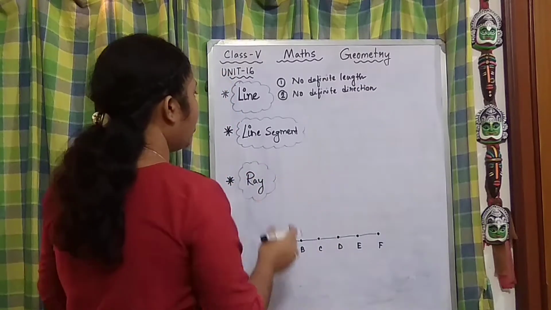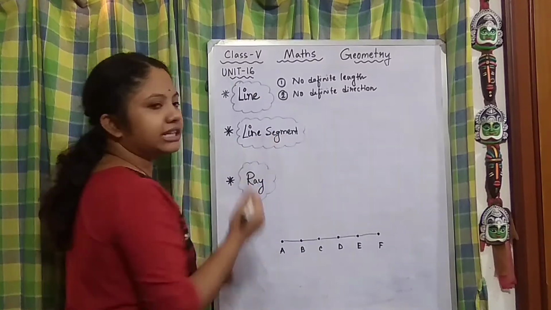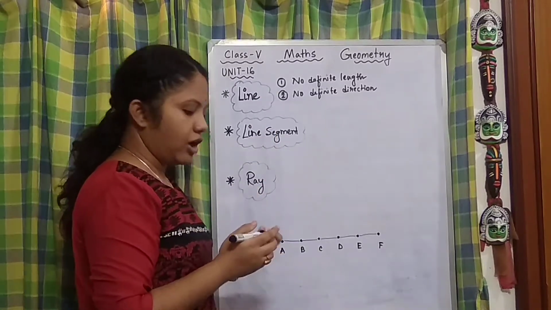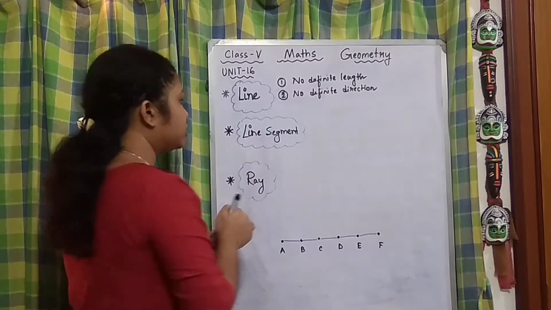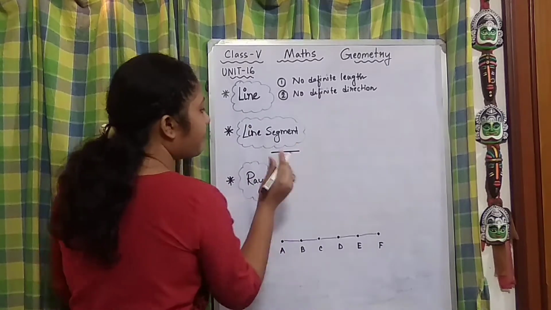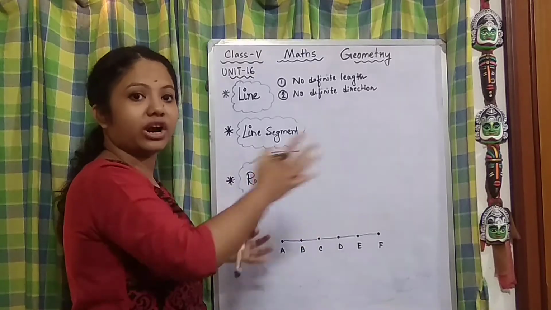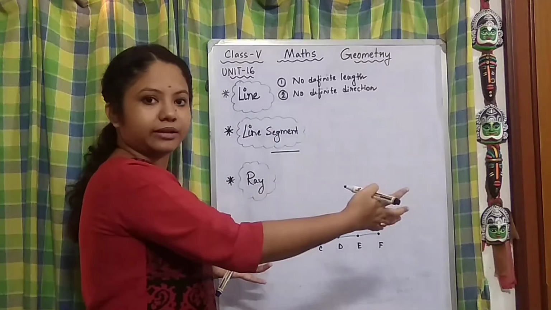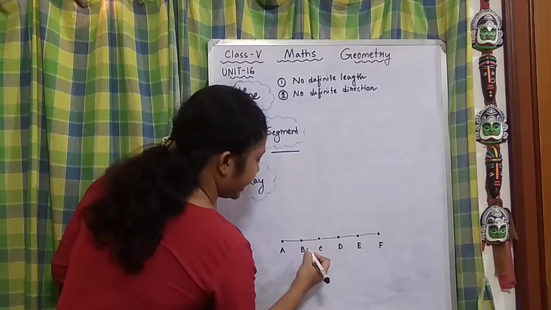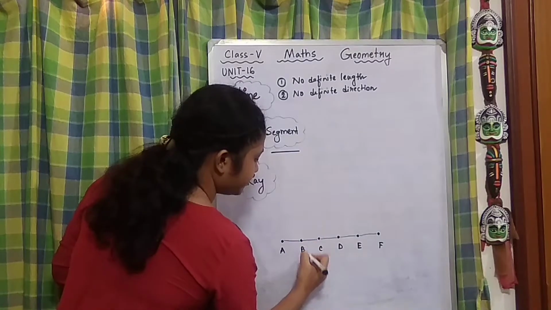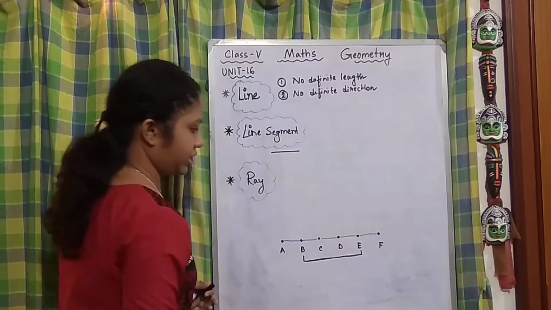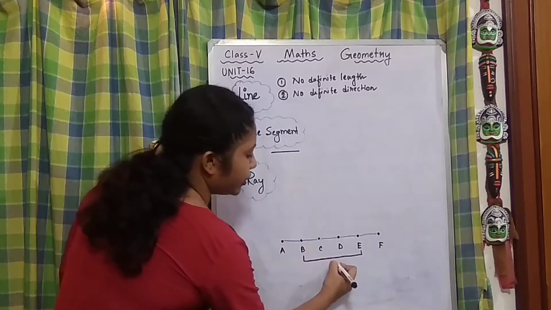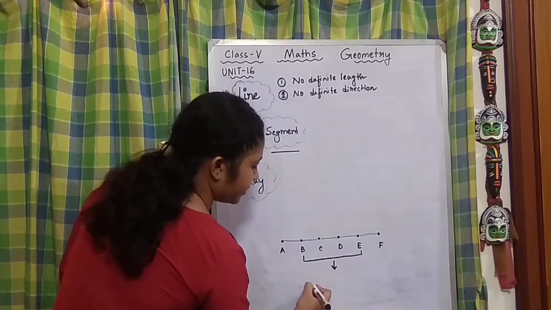Okay. Now, coming to the line segment: the word segment means it's a part. So a line segment is a part of a bigger line or an unending line. Let's take a part, like this B till E. Here is how we draw this line segment.